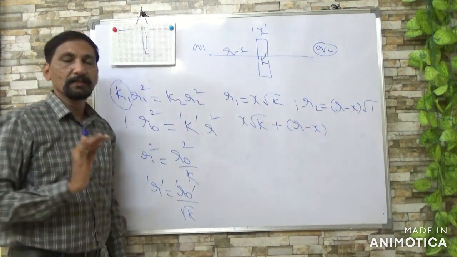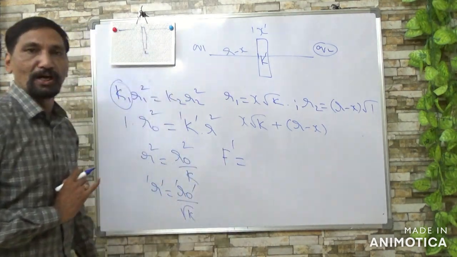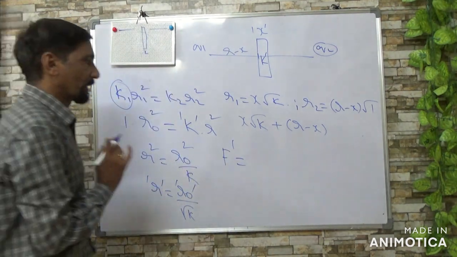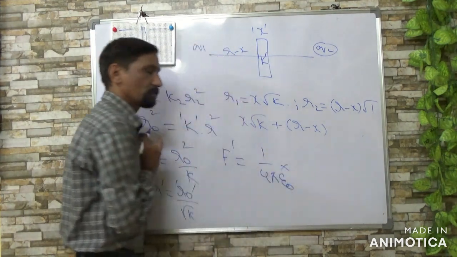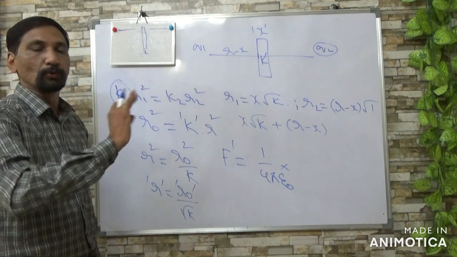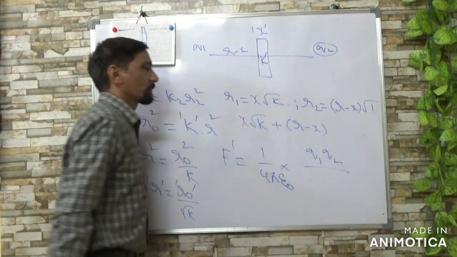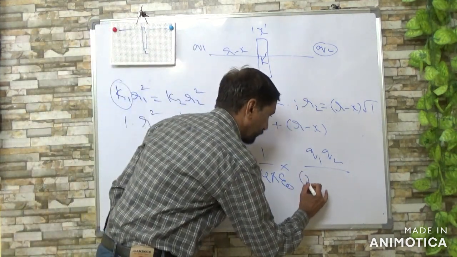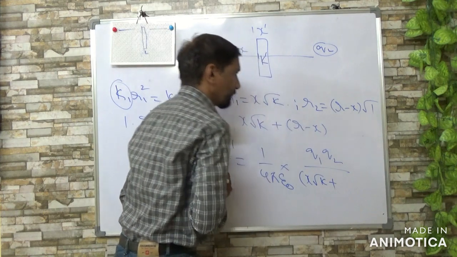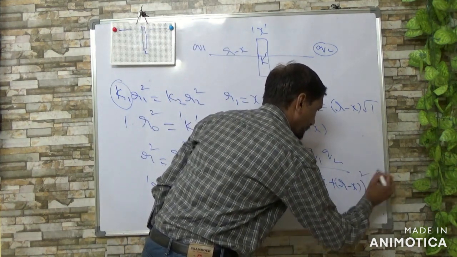Therefore, the force between the 2 point charges is given by 1 by 4 pi epsilon naught into Q1 Q2 by the square of the distance of separation, that is X root K plus R minus X, whole square.